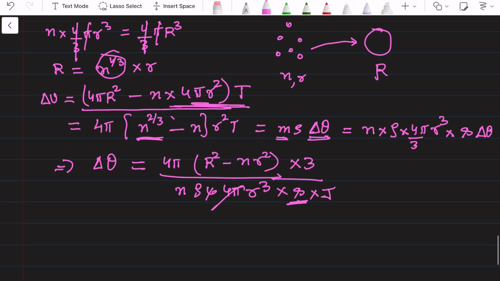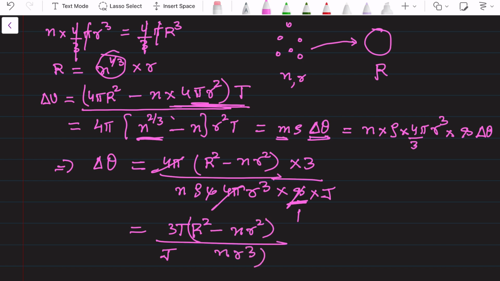So 4 pi cancels and S can be replaced by 1, and what we are having here is 3 upon J, T r square minus n r square, upon n r cube.